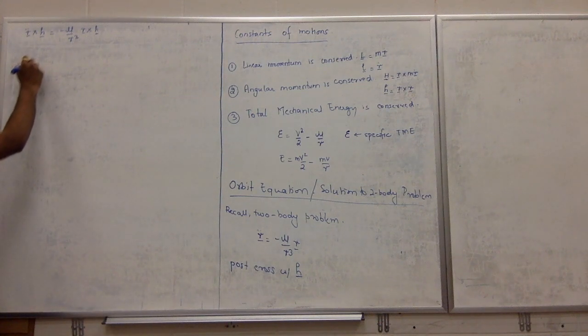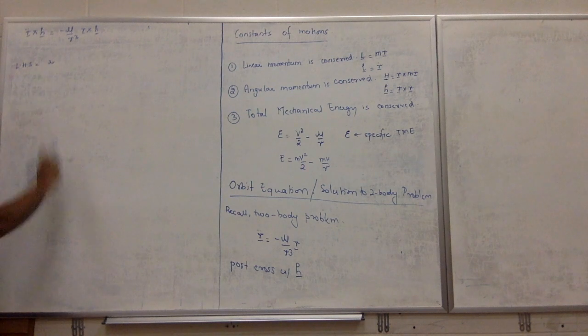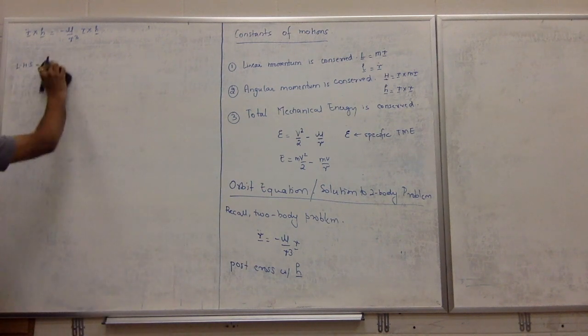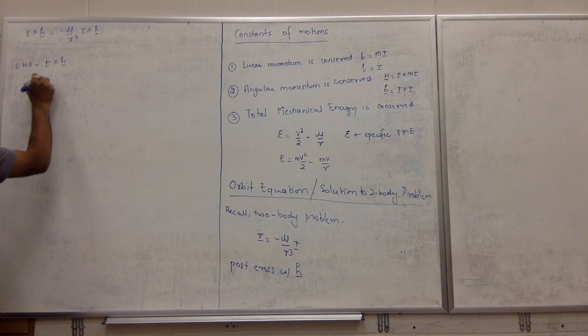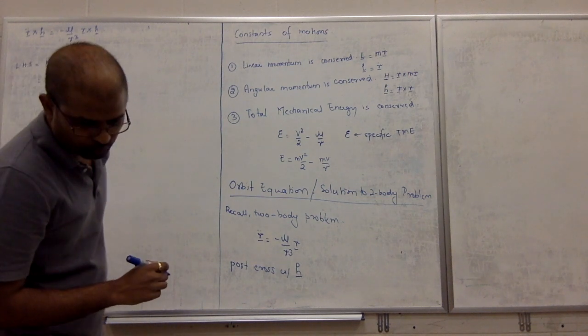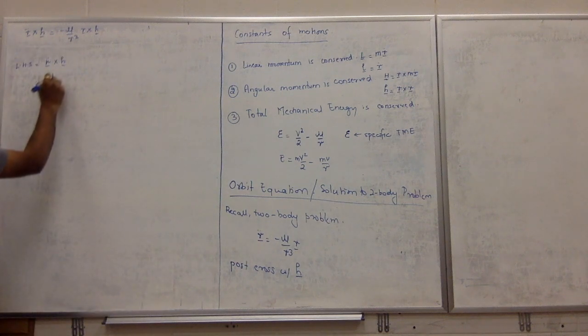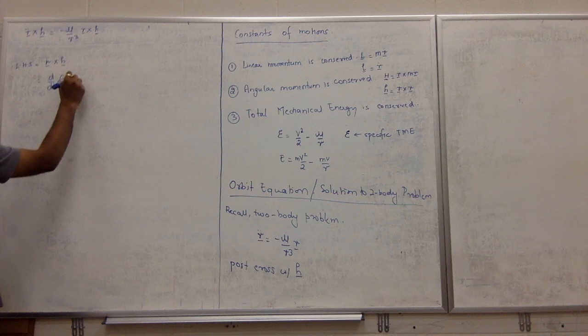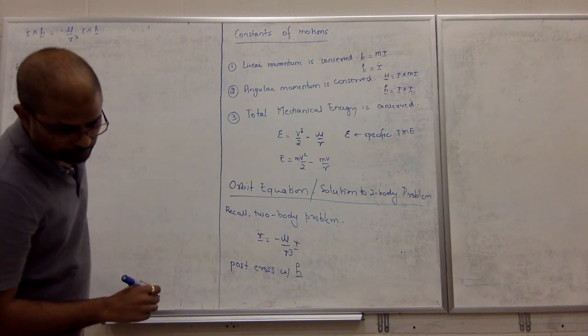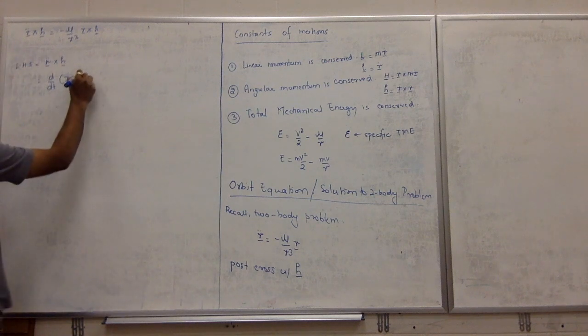So here, let's look at the left hand side. It's R double dot cross with h, which is equal to d over dt of R dot cross with h.